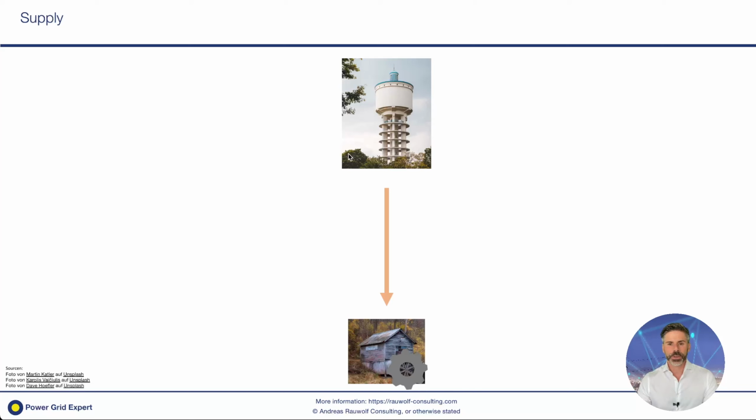We have a water reservoir, the generation of the water, and the consumer, in this case a small mill, supplied by this reservoir. As long as it's full and the water is running, the mill can produce flour.